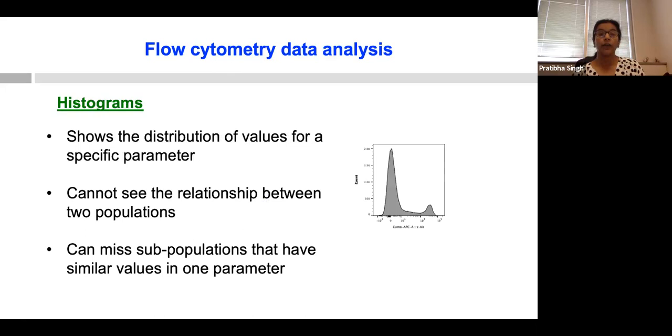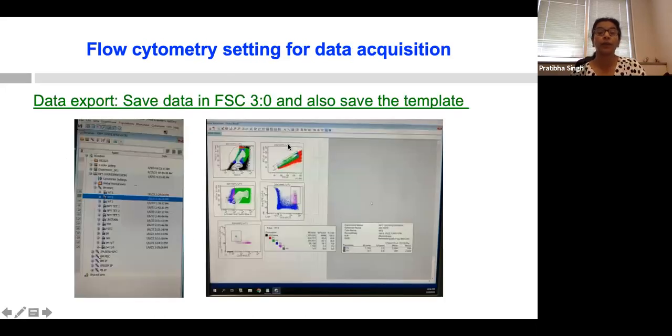Here is an example: we excluded all the debris, then we gated the cells that are on the diagonal in FSC area versus height. Only those are the real single cells.